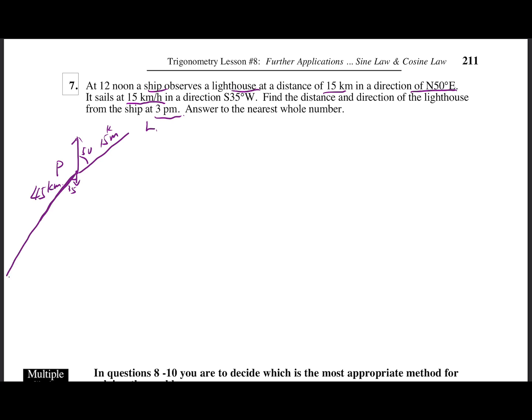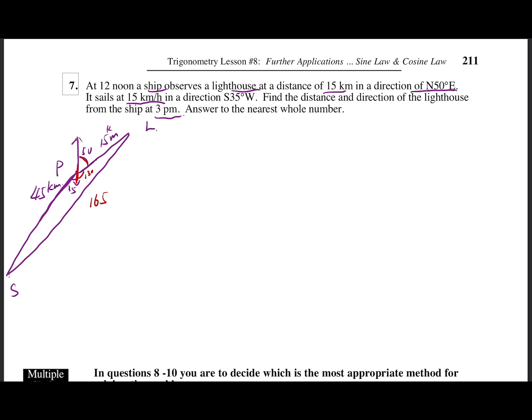And then we can set this as S, and we can just connect these two. Okay, so this is our triangle, and we need to find the distance and the direction of the lighthouse from the ship. For this part, we know this angle is 50 and this is 180, so this one is 130, so the whole angle is 165 degrees.